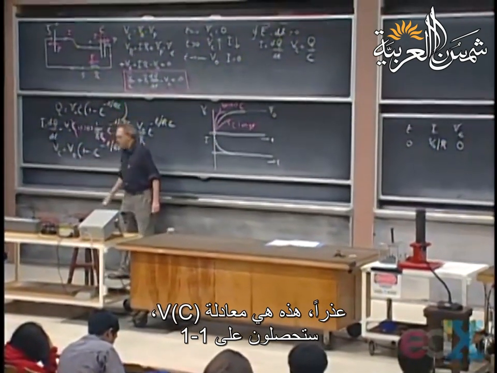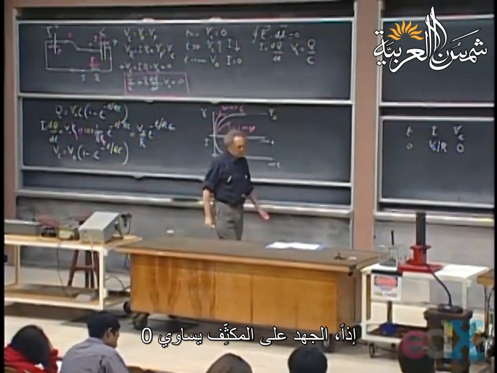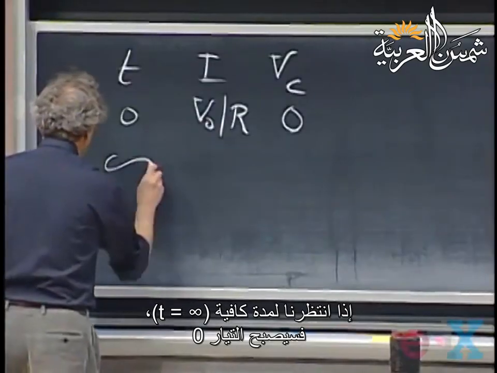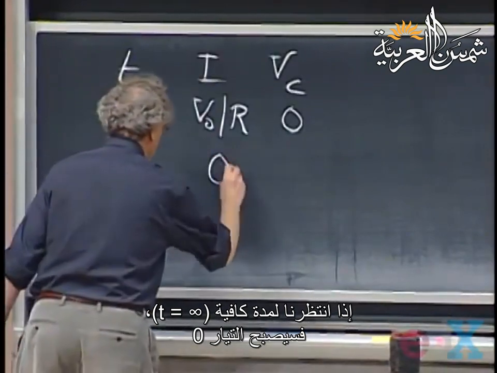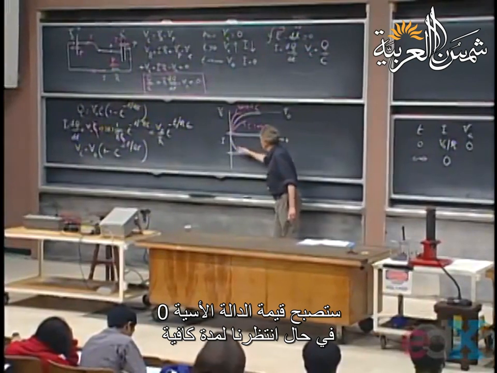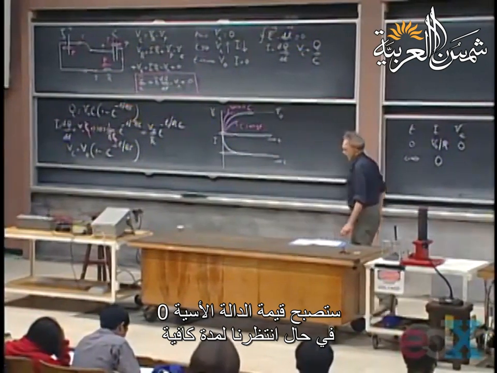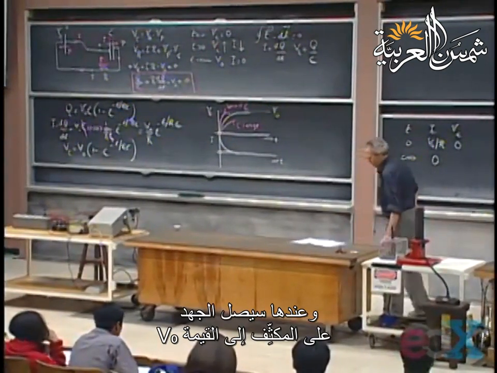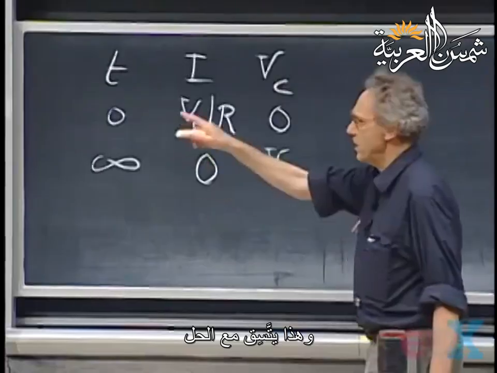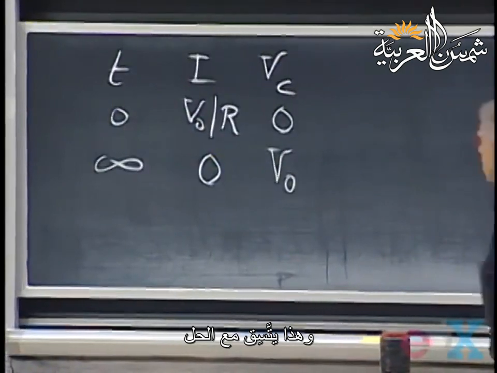You get 1 minus 1, so you see indeed that the potential over the capacitance is still 0. If you wait long enough, then the current must go to 0. That exponential function goes to 0. And your potential over the capacitance then reaches V0, which is exactly consistent with our solution.